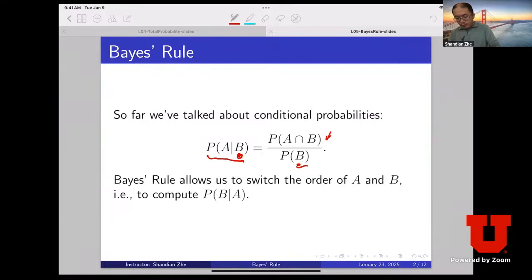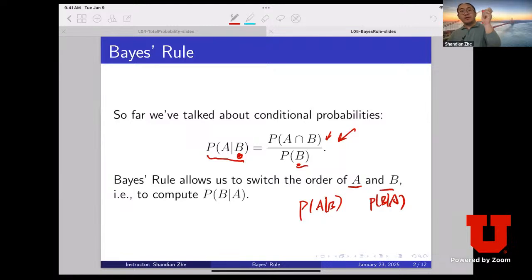So what is Bayes rule? Bayes rule allows us to switch the order of A and B. Basically, it tells us how we can make the relationship between P of A given B and P of B given A. It reveals the relationship between these two conditional probabilities.